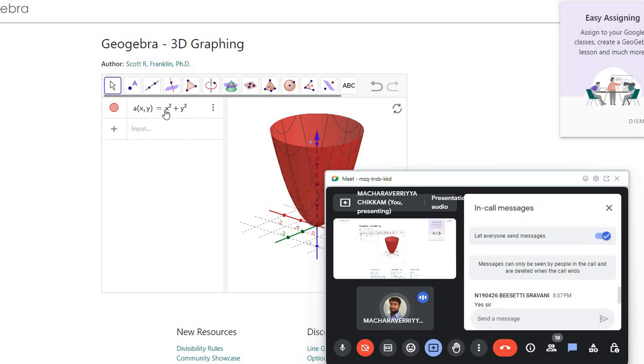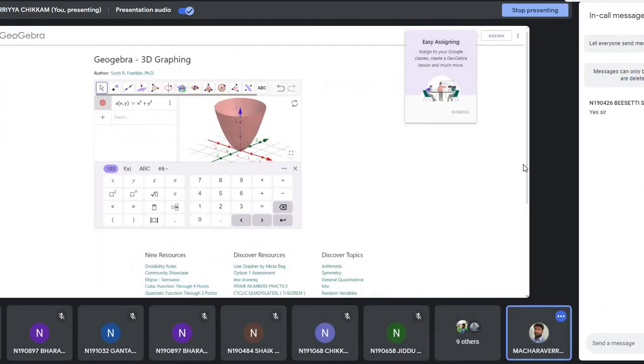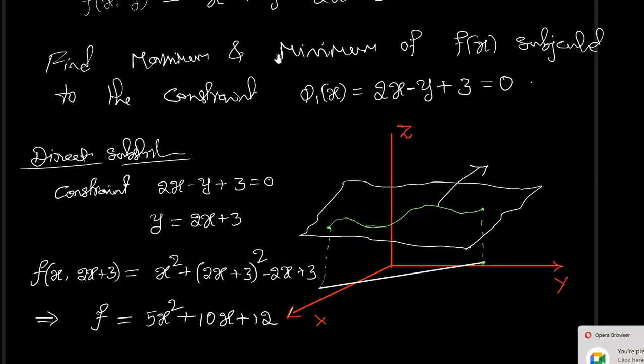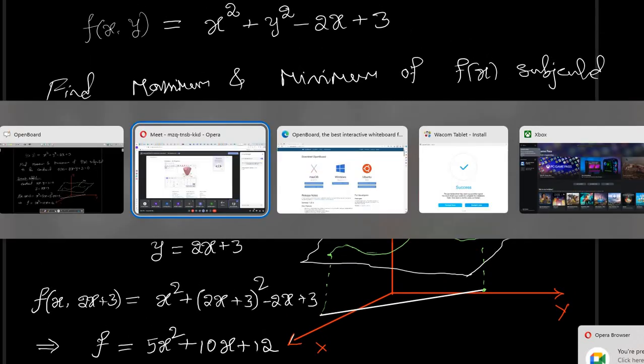Let me take the function here, that is x square plus y square. And what have we taken? Minus 2x plus 3.